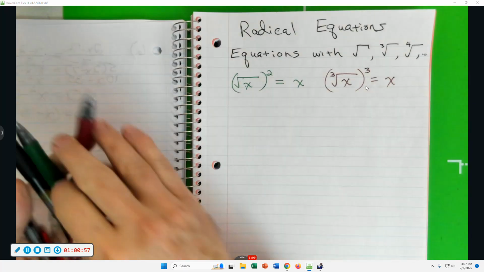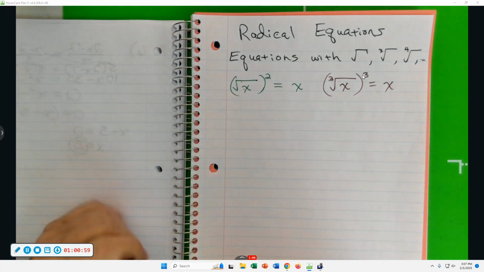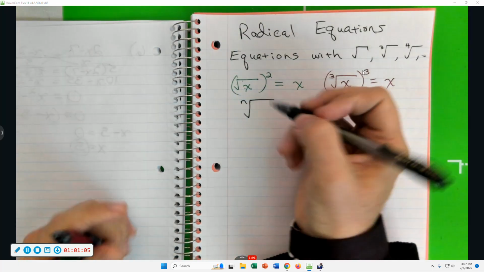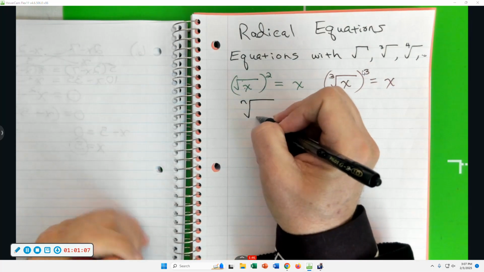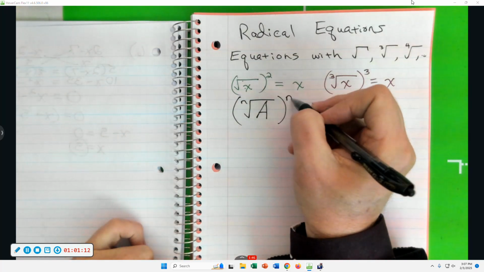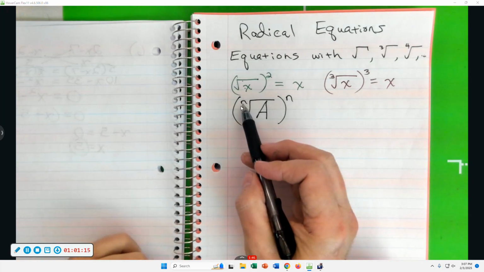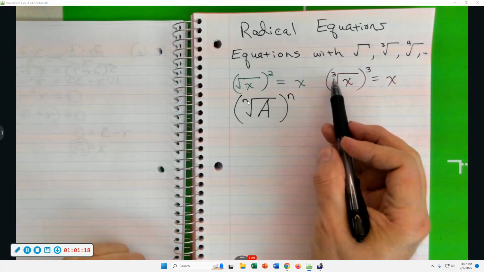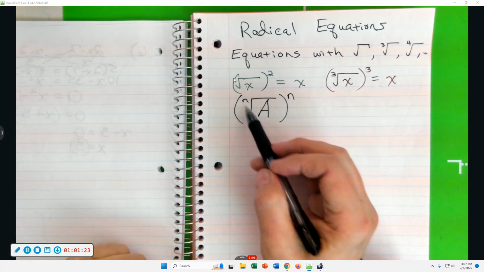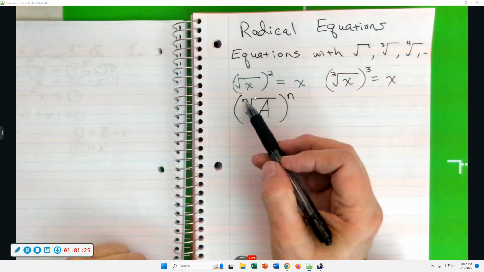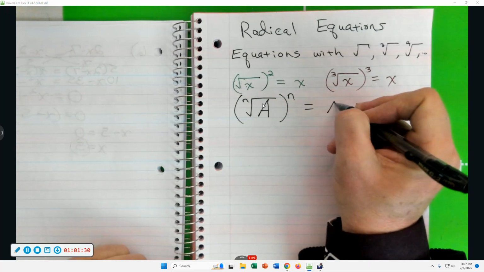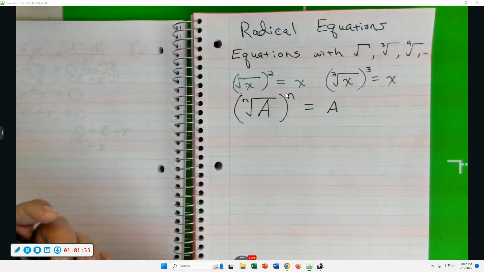And in general, if you have the nth root, it could be a fourth root, a square root, a 50th root, who cares, the nth root of a, when you raise it to the nth power, you're left with the radicand, whatever's underneath there. That little number, like the 3, is called an index. If it's a 2, you don't show it, but you say square root.